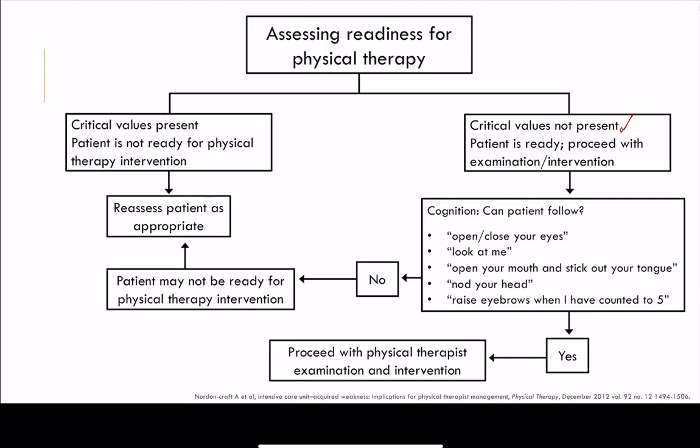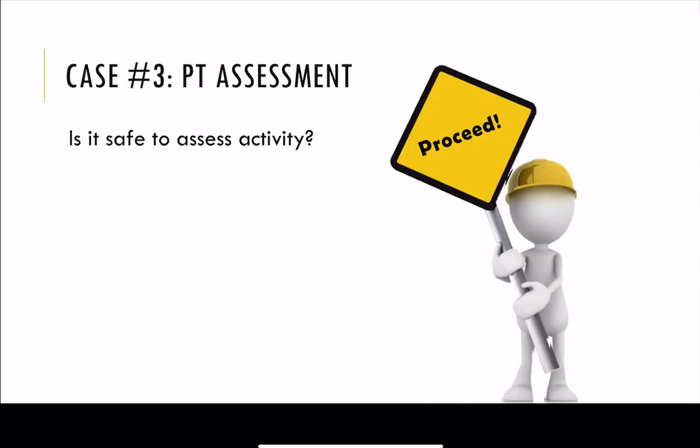So critical values being stable is number one. Being able to follow some kind of a command can be the difference between whether or not it is safe. And if they can't follow such basic commands as open and close your eyes, you might choose to say, this patient is not ready for physical activity, and wait. If they can follow simple commands, and their critical values are stable, you can proceed with the assessment.